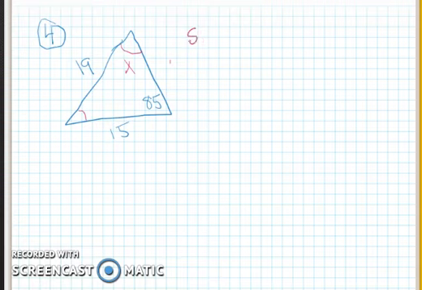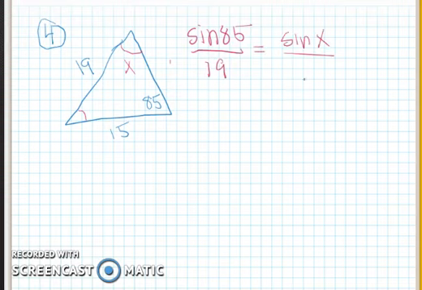Here we go. Sine of 85 over 19 equals the sine of x over 85. I'm sorry, not 85, 15. Alright, cross multiply, and we're going to get 19 times sine of x equals 15 times the sine of 85.